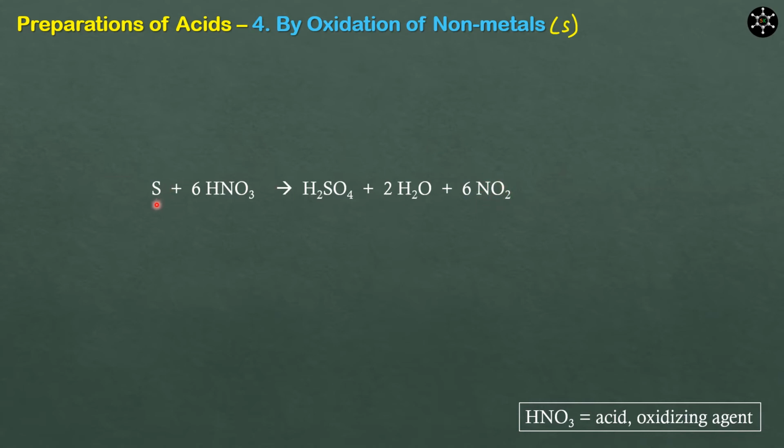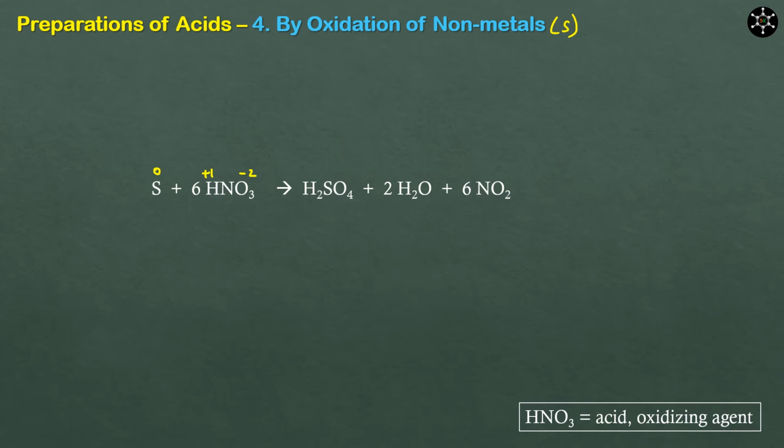Let us assign the oxidation number to these elements to understand the reaction better. Sulfur in the elemental form is 0, hydrogen is +1, each oxygen is -2. To find out the oxidation number of nitrogen, let us use this method.